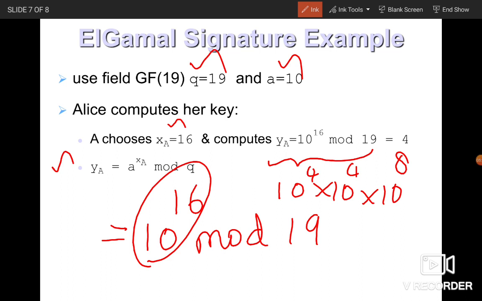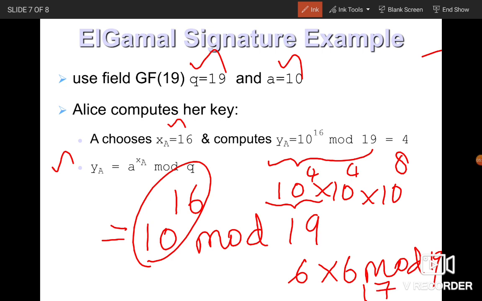You can use a calculator to calculate 10 power 4 modulus 19. We get 6 as the answer. So 6 into 6, that is 10 power 4 into 10 power 4 modulus 19, is 36 modulus 19. So we get the answer as 17.